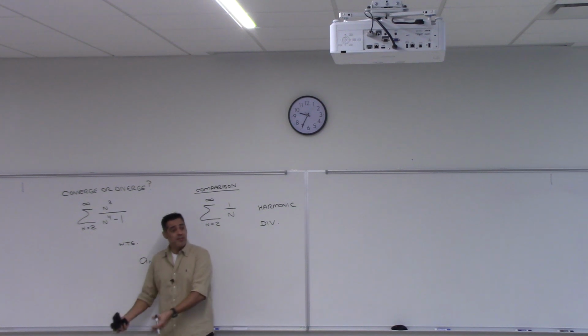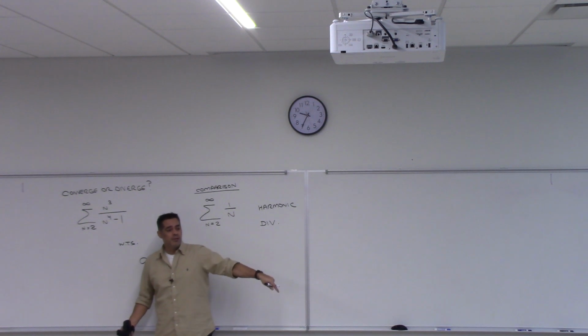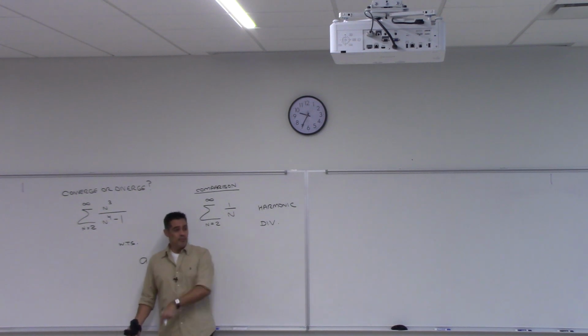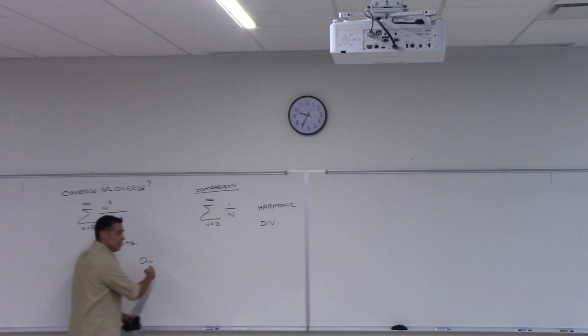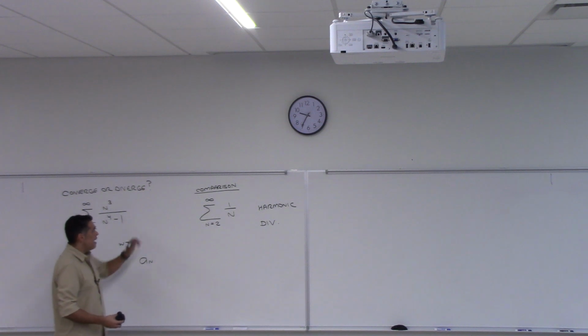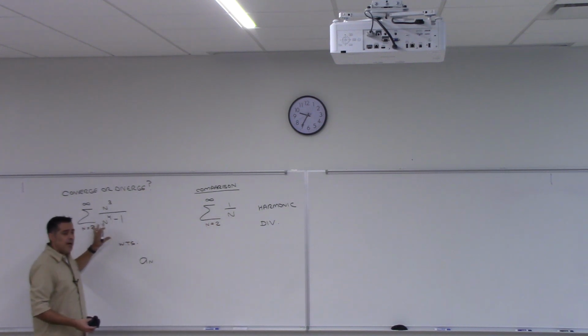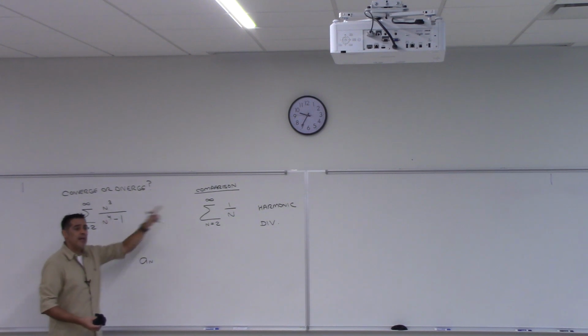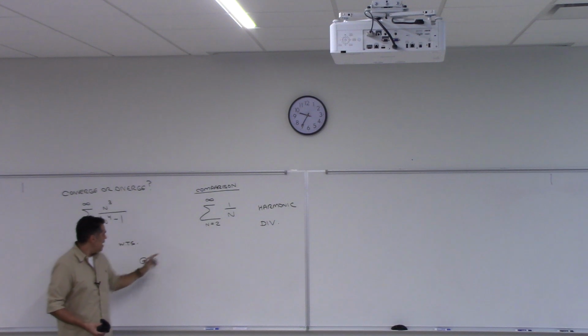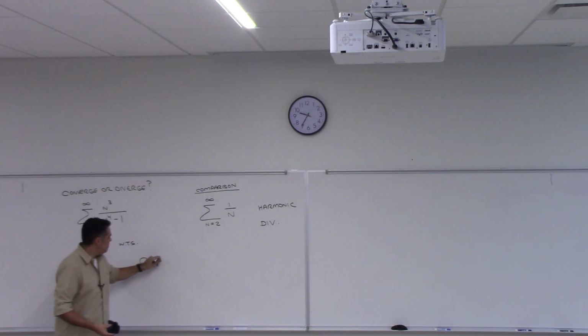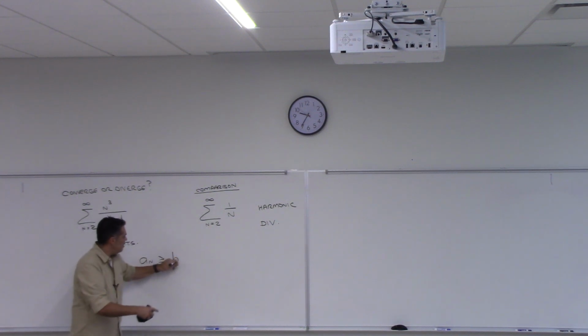Now, what if I tell you the numbers in this bucket are bigger than those? Well, if the other one adds up to infinity, then the bucket with the bigger numbers is going to add up too. Exactly. So that's what the inequality is about. That bucket of numbers adds up to be infinity, and we need this bucket to add up to be infinity as well, so the only way to do it is to guarantee that the numbers in here are bigger than or equal to the numbers in there.